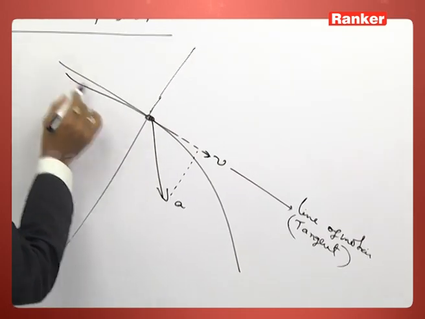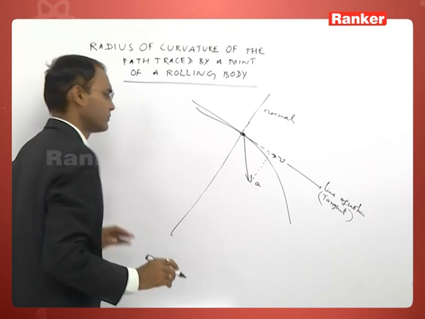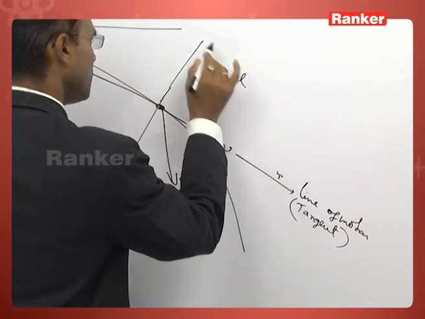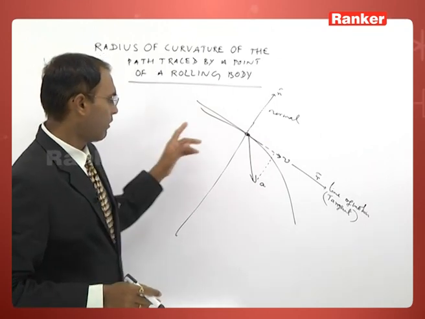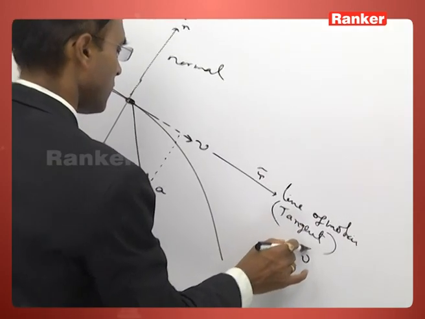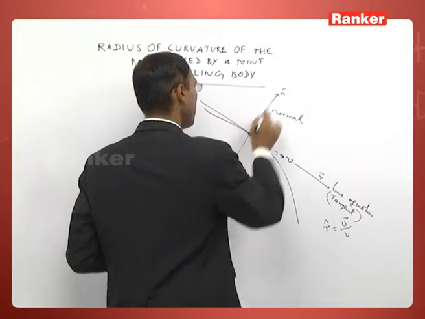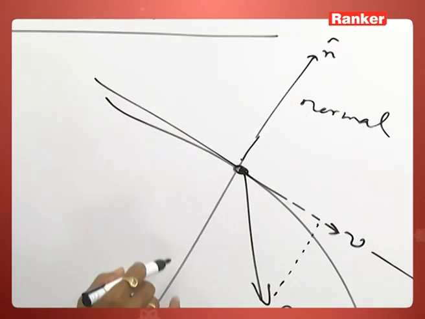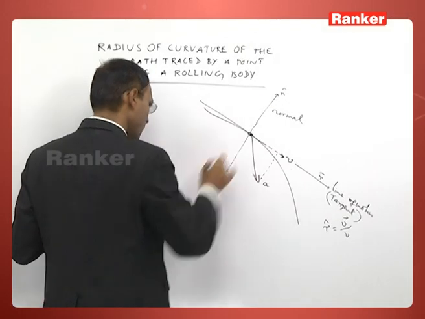This is the tangent, this is normal. This t axis or tau axis, n axis. This tau cap, n cap. Tau cap is the unit vector of the velocity vector. And n cap is the unit vector in the outward normal. This is out, this is in, because somewhere we can have the center of curvature on the normal in this side.